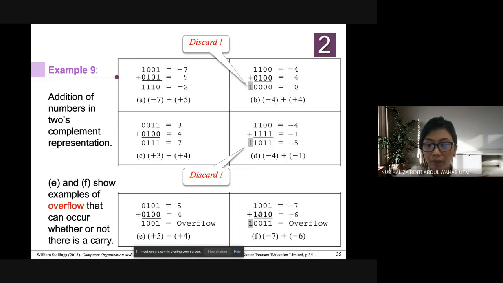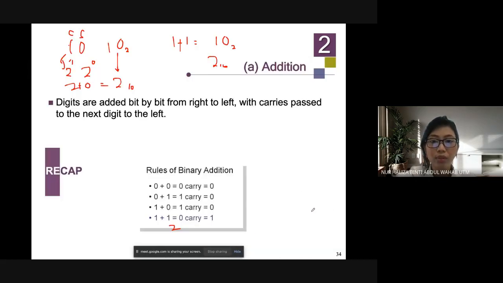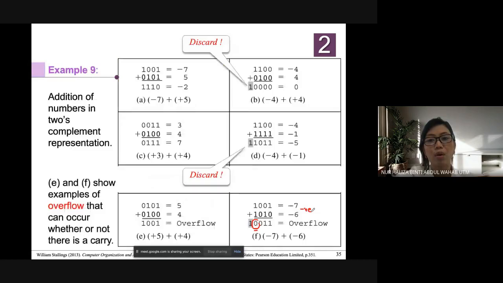Another example over here, this is your sign. If let's say you have a 4-bit number, the most significant bit is your answer for the sign. So it is positive. Suppose you get negative, then you assume overflow happened.